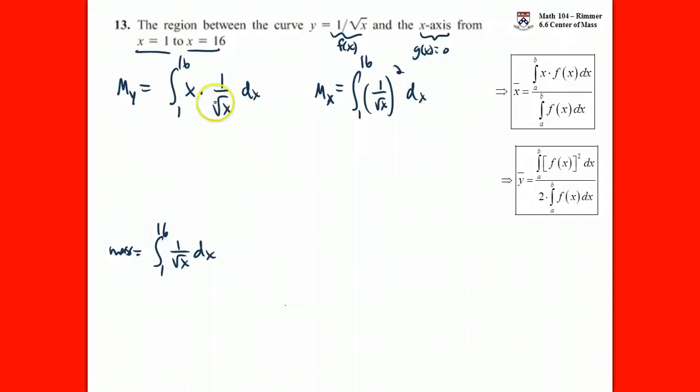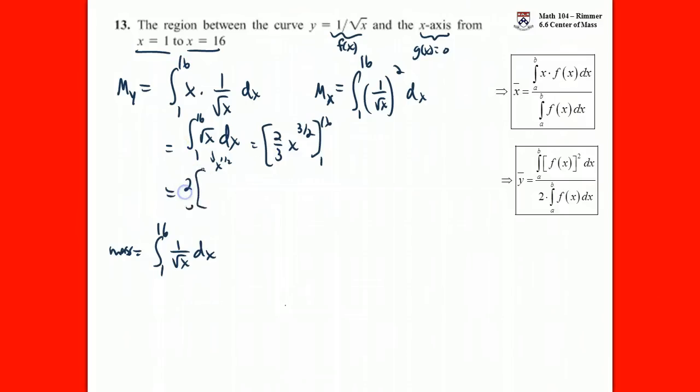Take the x and the root x, that cancels to be root x. Integrate root x from 1 to 16. That's x to the half, so it's 2/3 x to the 3/2. So pull the 2/3 out. Don't put it in each of them.